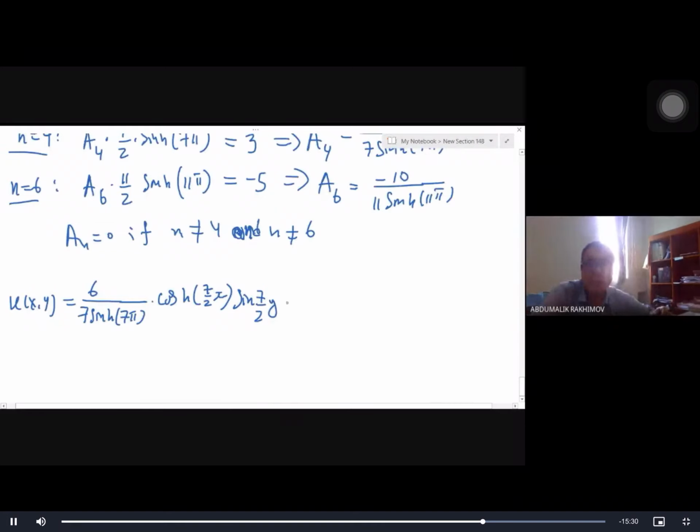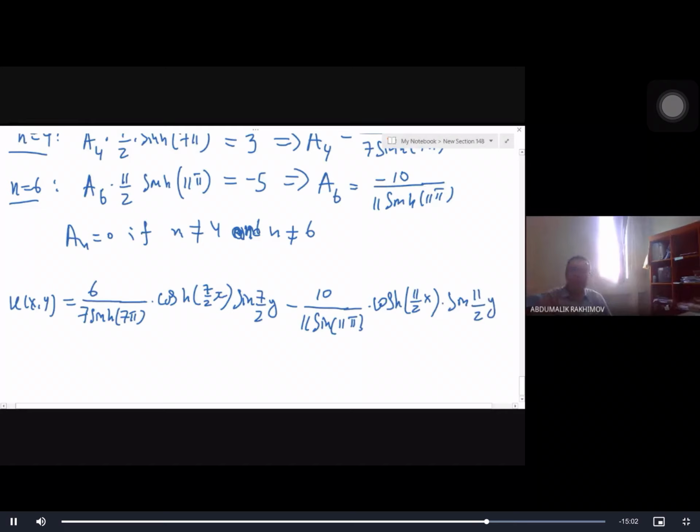Next term is minus 10, the a6 coefficient, right? That is 5 over sine hyperbolic 11 pi, times cosine hyperbolic 11 over 2x, times the usual sine, 11 over 2y. So that will be the solution.